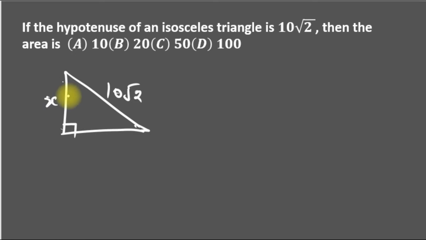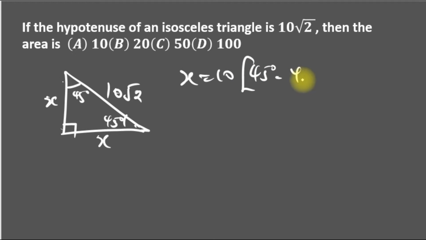Remember, it is an isosceles triangle, so two sides must be equal, x and x, meaning that here is 45, 45. So from what we call the 45, 45, 90 triangle theorem, x is 10.